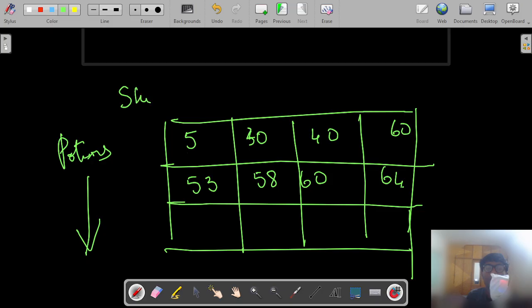These are skills which go this way. Skills are 1, 5.